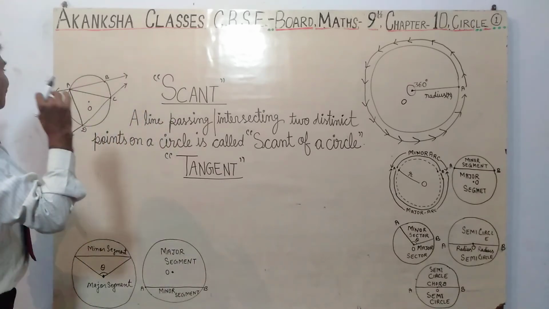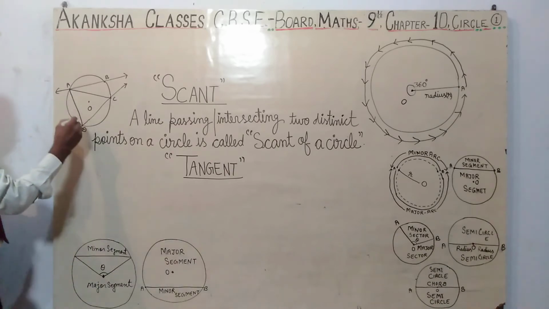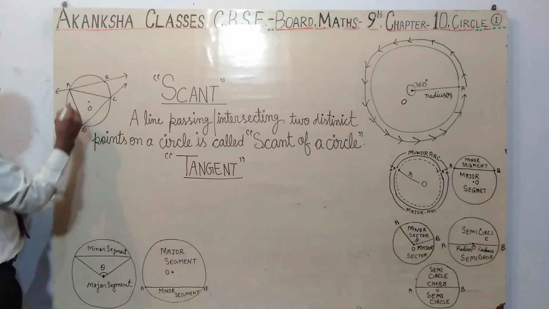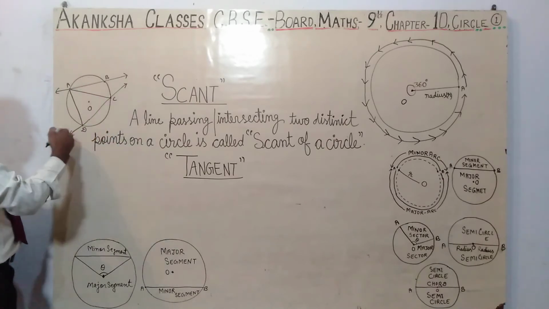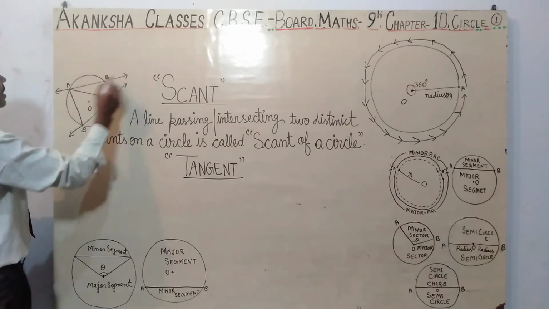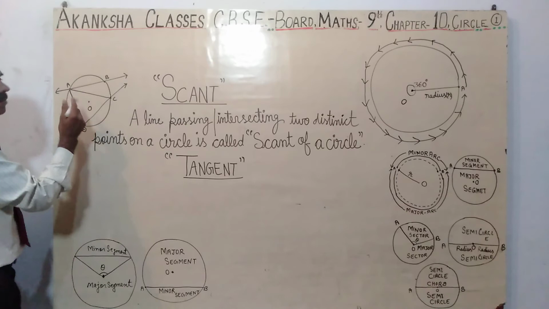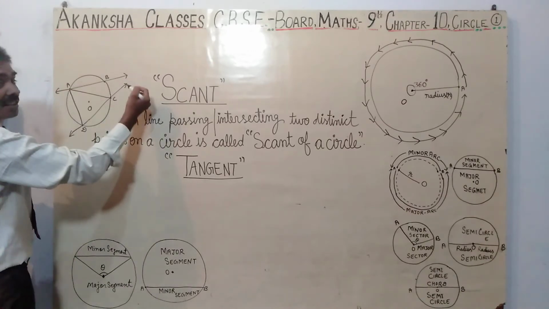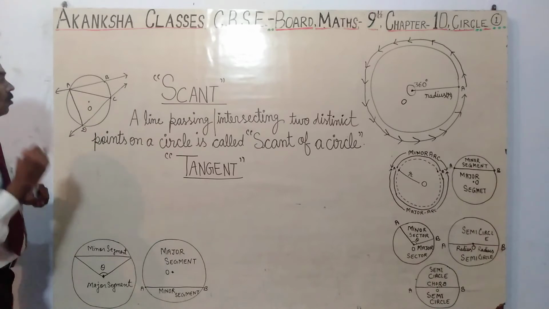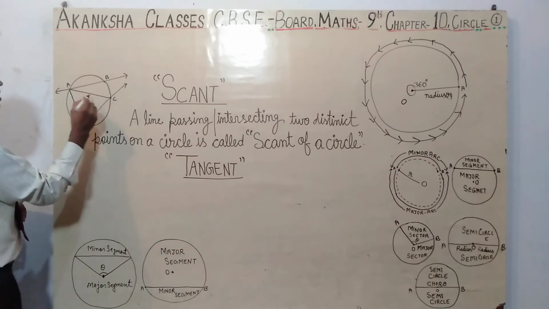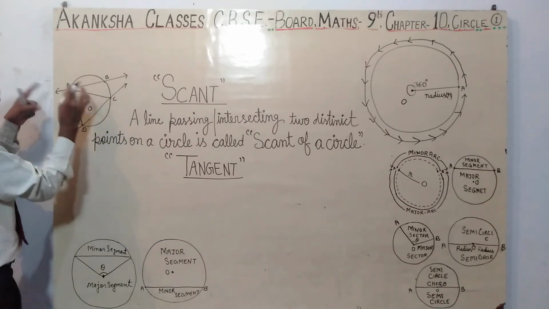The only difference is that a chord only joins two distinct points, it does not intersect, but a secant intersects the circle on two distinct points, while a chord joins two distinct points only.